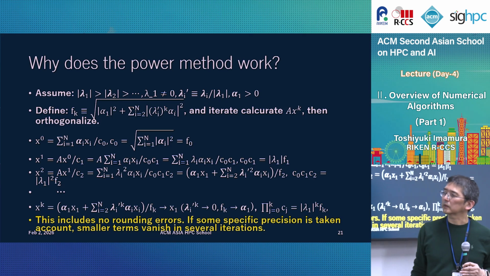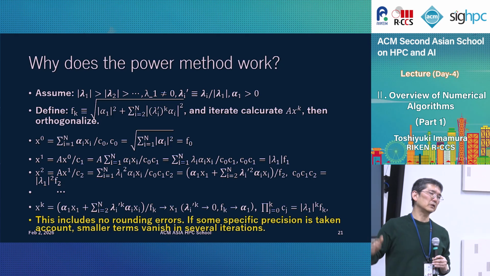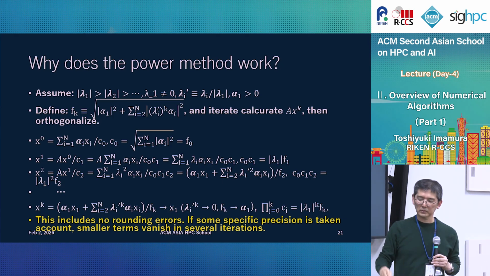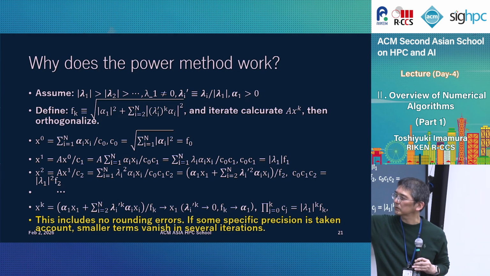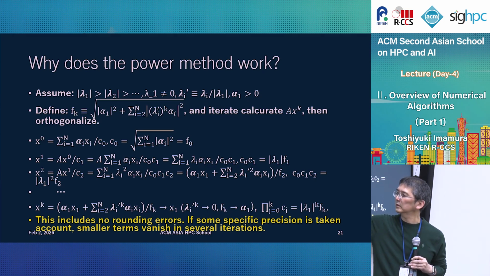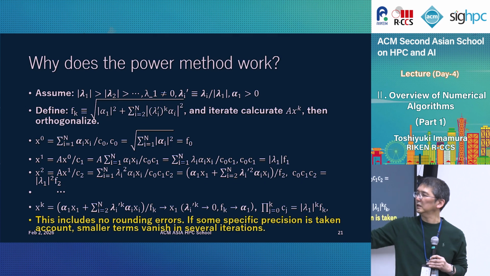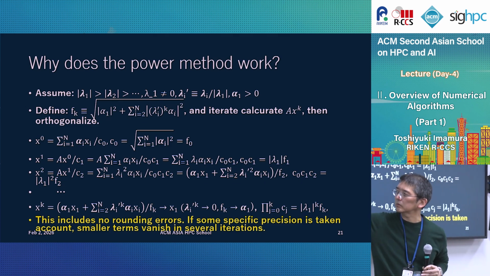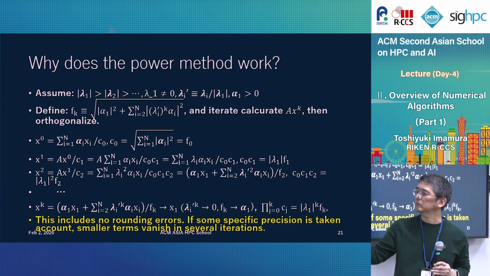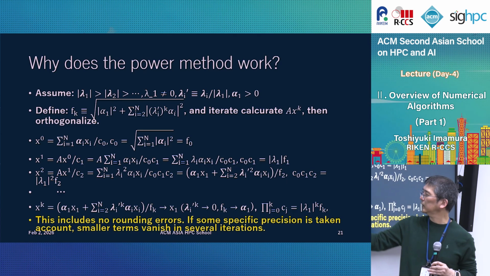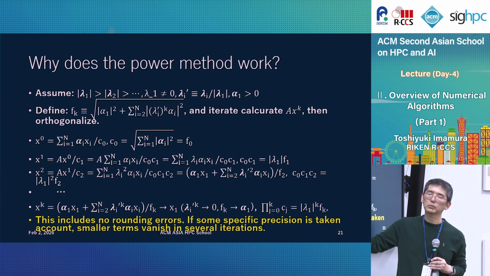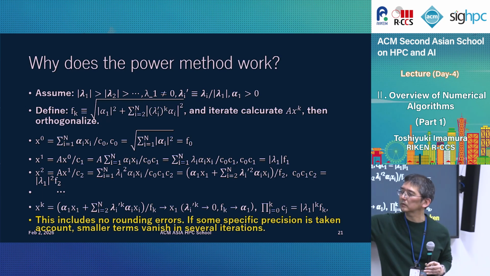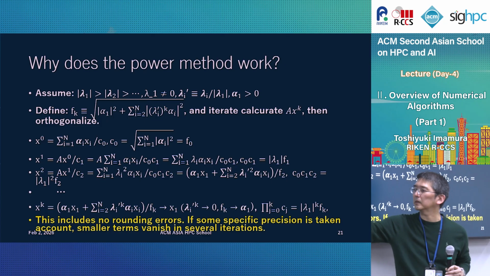If we choose k as a very huge number, going to infinity, this vector converges to x1. Only this term remains, and the other terms diminish. And fk also converges to alpha 1, so alpha 1 cancels with alpha 1.